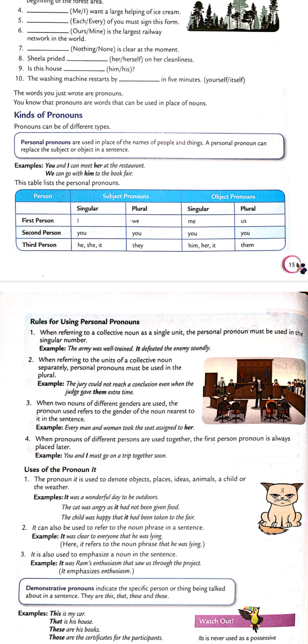You is second person pronoun, and I is first person pronoun. So according to the rule, what is the rule given here? The first person pronoun is always placed later, and therefore you can see I is used after you. So you and I must go on a trip together soon.